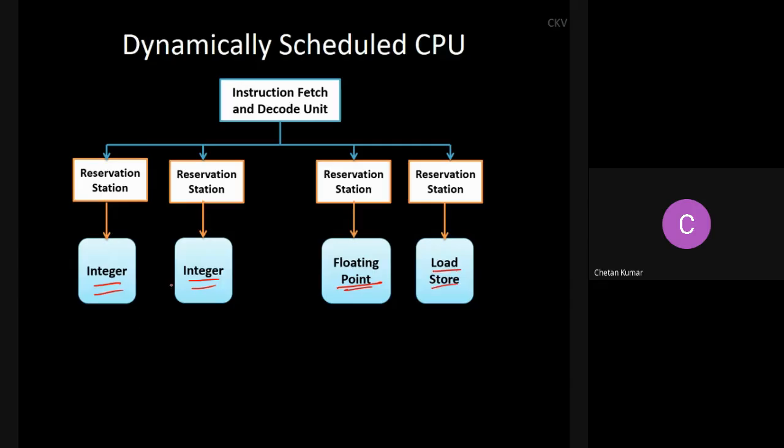Now the reservation station is nothing but a register. You'll have a set of registers available in these blocks to hold the operands. Whenever the operands are read from the decode part, the decode is basically reading of registers, right? Once the registers are read, they are not directly used; they are kept in the reservation stations.